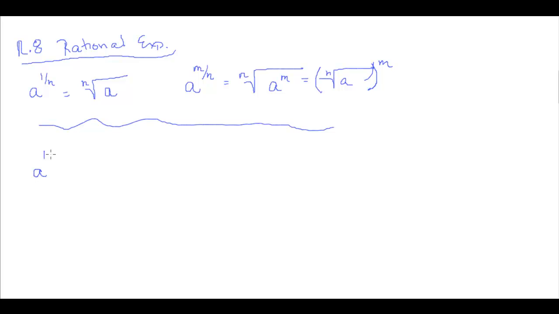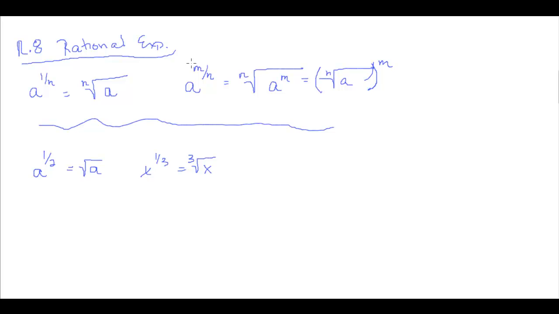If I have something like a to the 1/2, this is the same as the square root of a. Likewise, if I had x to the 1/3, that's the same as the cube root of x.